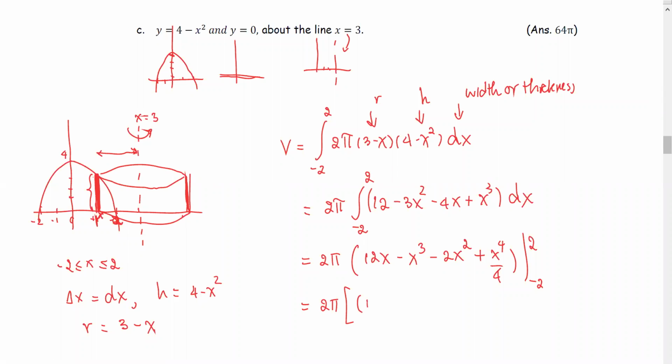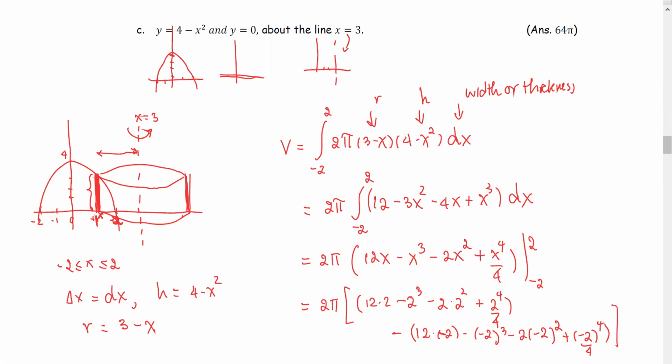Replace the x with the upper limit, and subtract the value from substituting the lower limit. We will get 64 pi as a result.